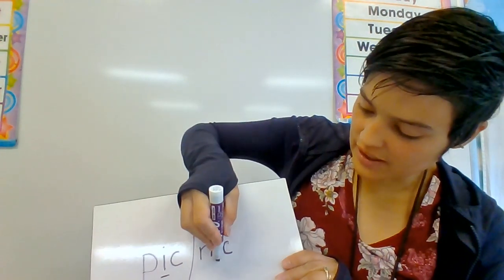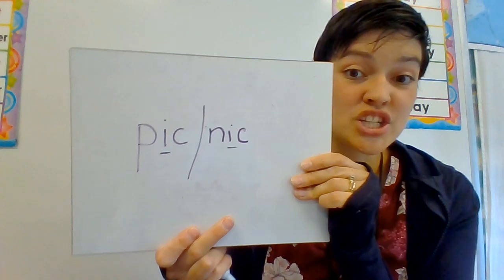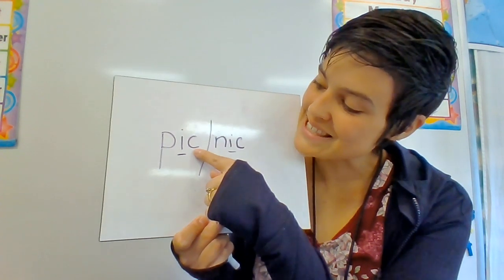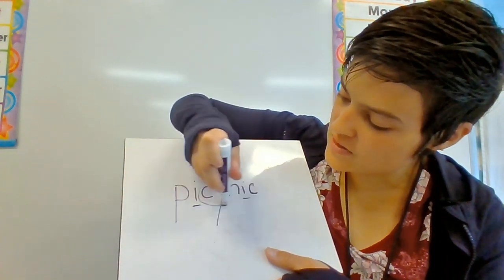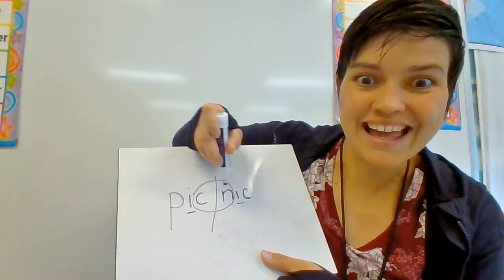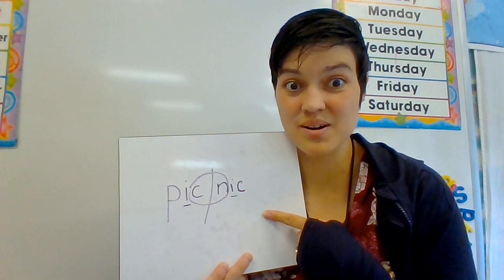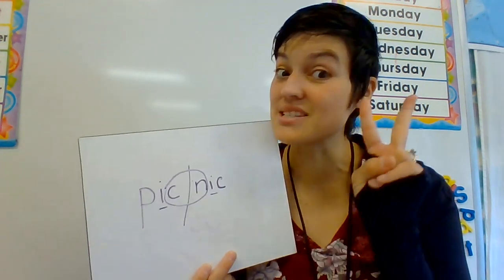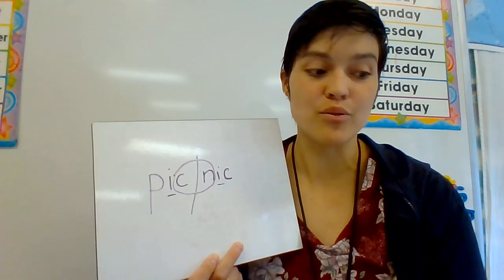I, or the letter I. So pic, nic. Now, what are the two dividing consonants in this word? C and N. So that is where we need to divide, right between C and N. So pic, nic. What's the whole word? Picnic. Very good. Two syllables or two beats because you have two vowel sounds.